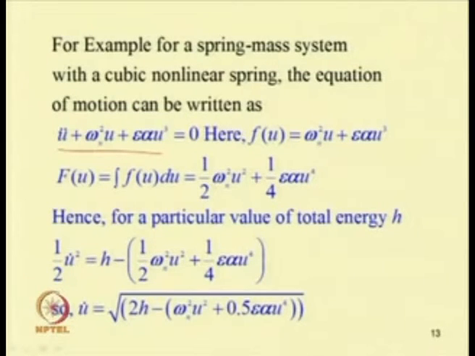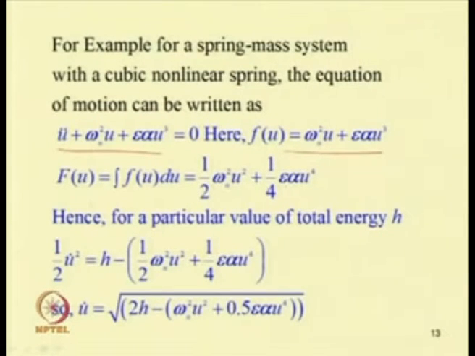So here f(u) equals omega n square u plus epsilon alpha u cube. The capital F(u) becomes the integration of f(u) du. Integrating this, it becomes half omega n square u square, and u cube becomes u to the power 4 by 4, so 1 by 4 epsilon alpha u to the power 4.